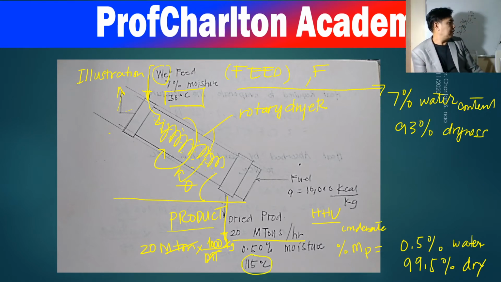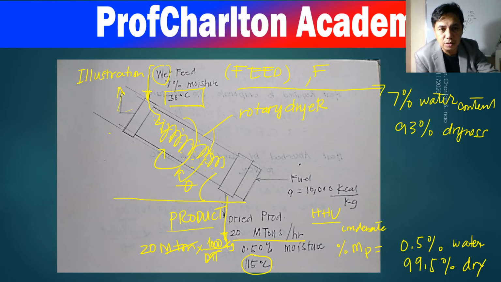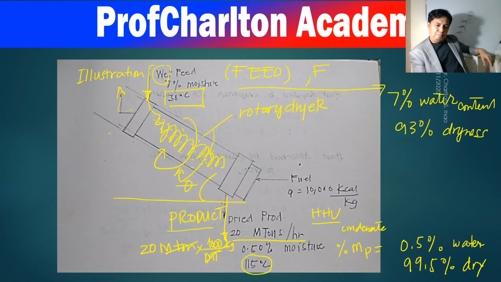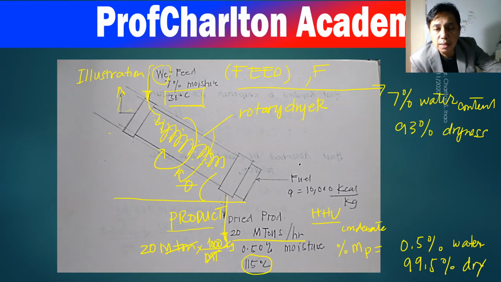So there's an increase in temperature, from 30 to 115, because it is subjected to heat, and the heat energy is transferred to the sand, so that the moisture or water content evaporates. The moisture content will be less, from 7 to 0.5. I think our illustration is clear, right?